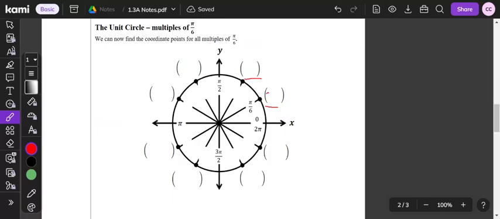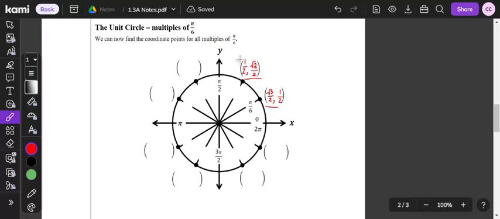So I'm going to go ahead and fill that in. Root 3 over 2, comma, 1/2. But then when I get to 30 degrees, or sorry, 60 degrees, we just discussed that these two are just going to switch spots like that.